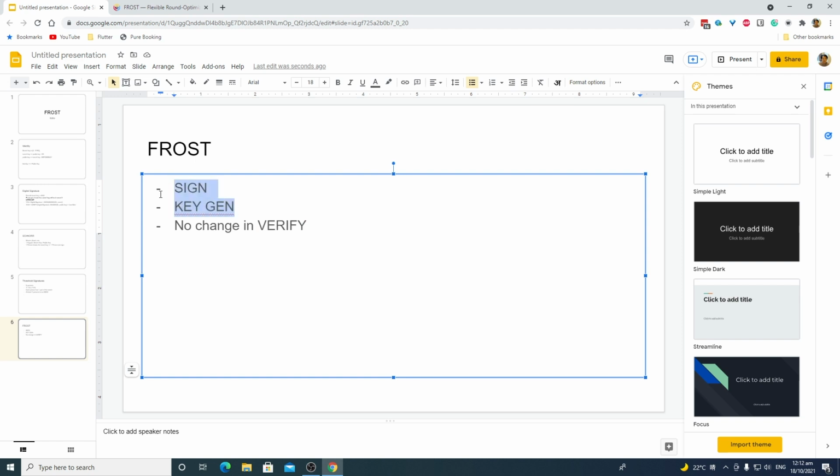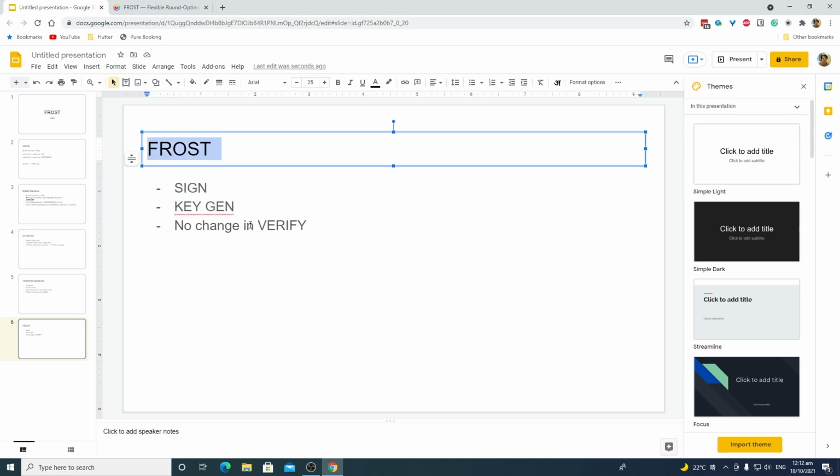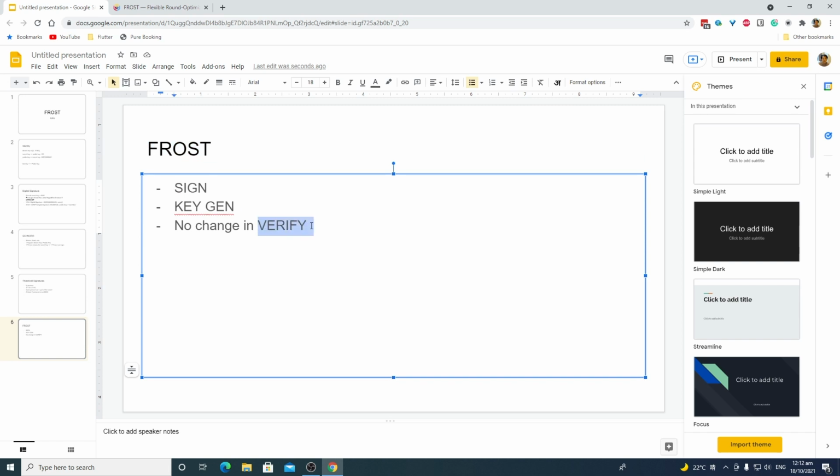So as far as the rest of the system is concerned, obviously the people who are participating in the signing protocol will be aware that they are using Frost. But once the signature is produced, the verifiers see that signature as a valid Schnorr signature, and they use the same algorithm as before.